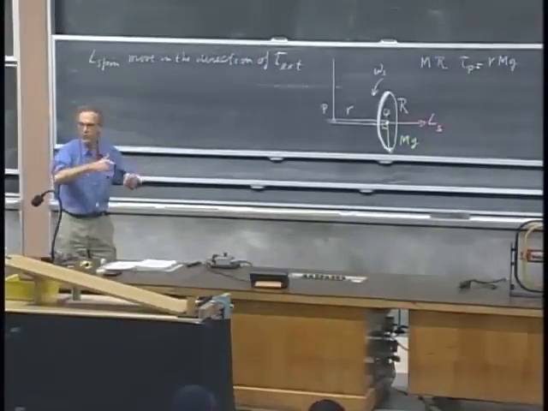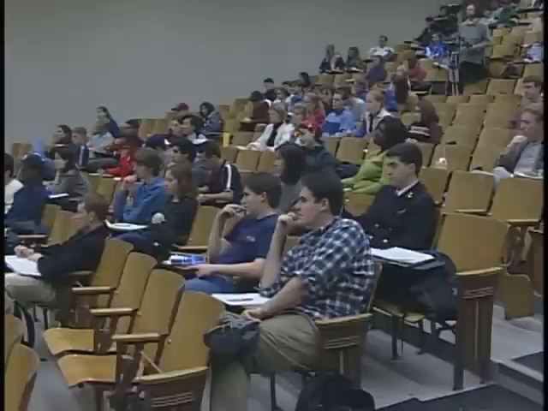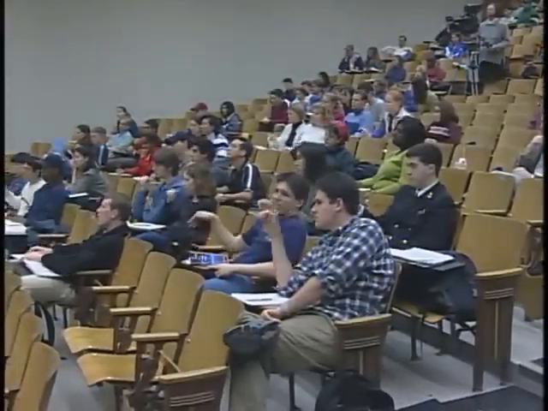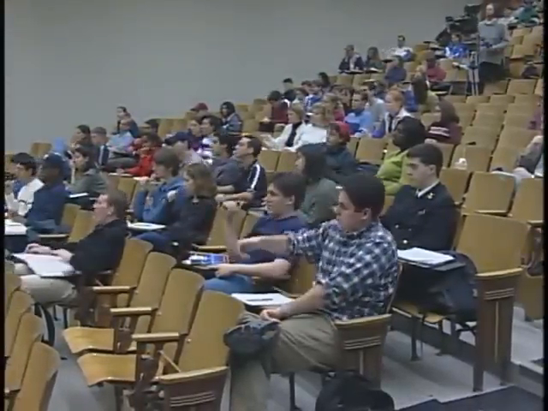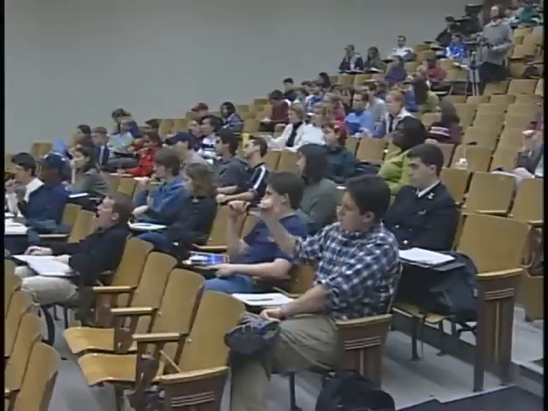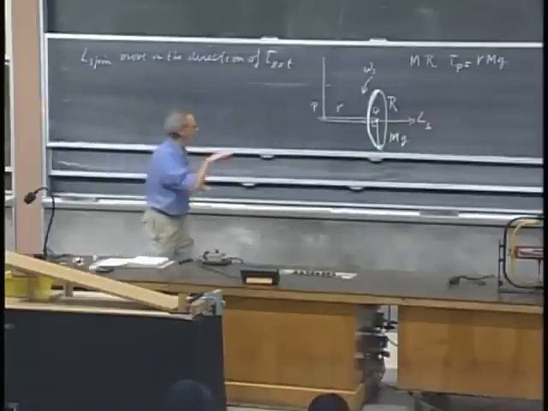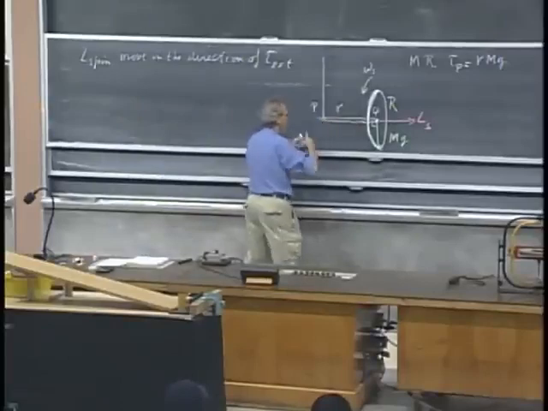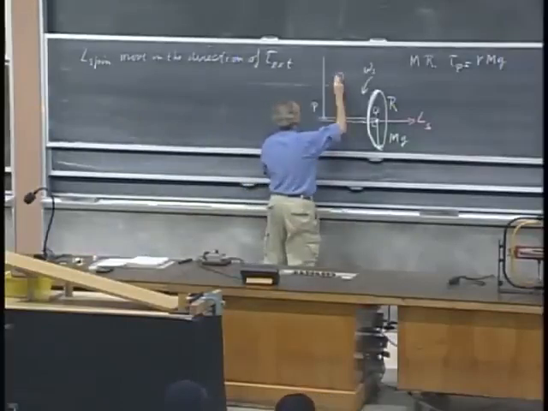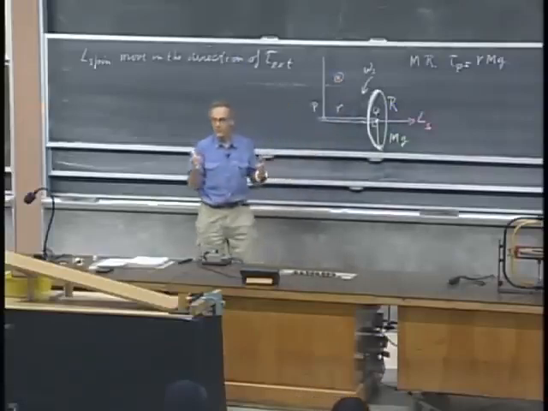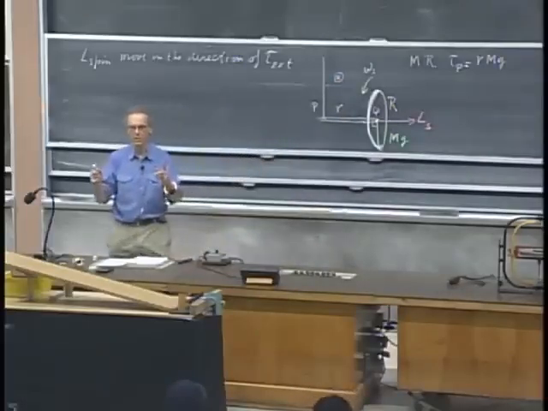Use your hands, thumbs, whatever you want. You think in this direction? I disagree. R cross F is, you must be kidding, in the blackboard. It's not out of the blackboard, it's in the blackboard. R cross F is in the blackboard. There is a torque in this direction. Nature, gravity, provides that torque.